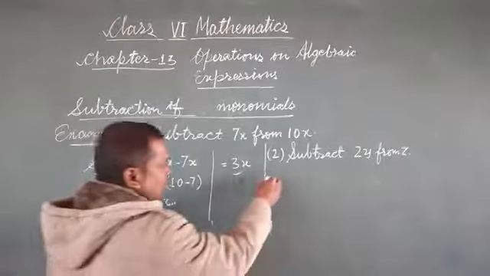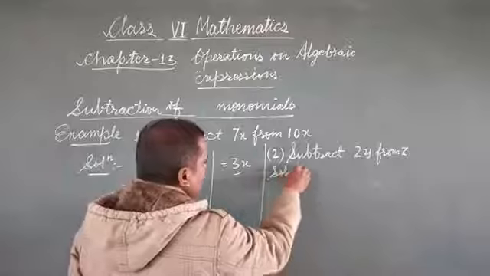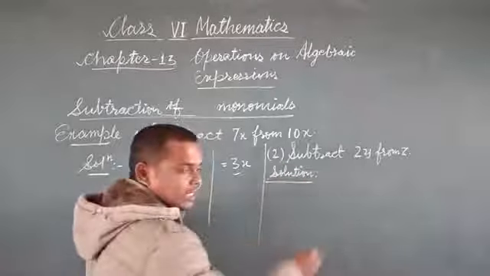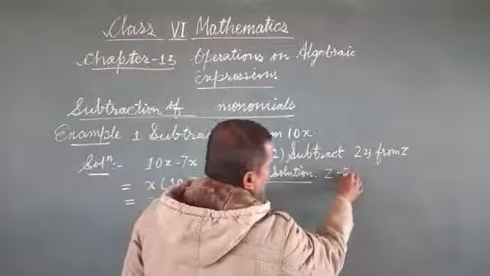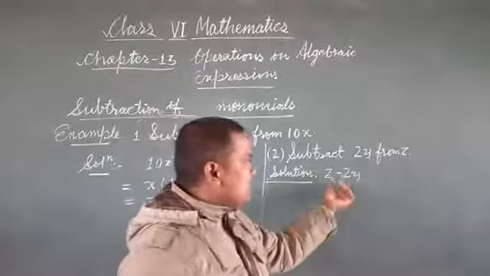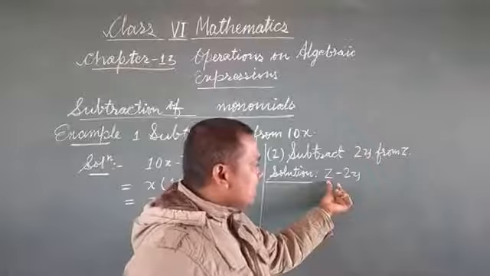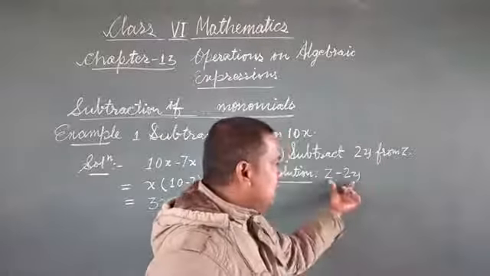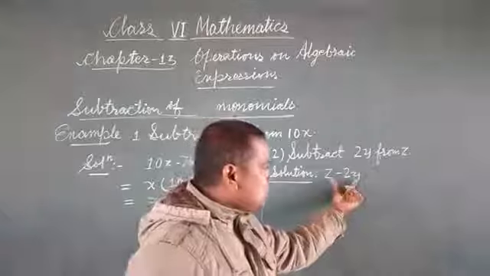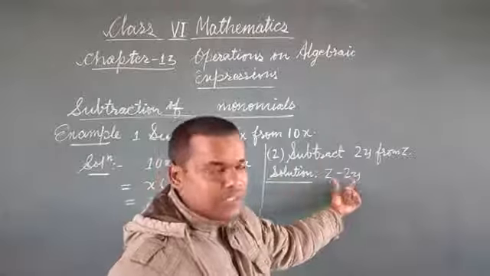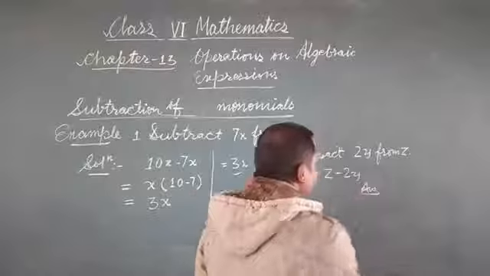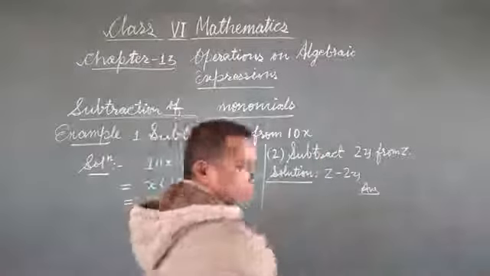So we will write the solution: z minus 2y. Here we see z is a variable and y is a variable, but these two variables are not the same. So we have unlike terms, so the difference will be this only, and it will be the answer.